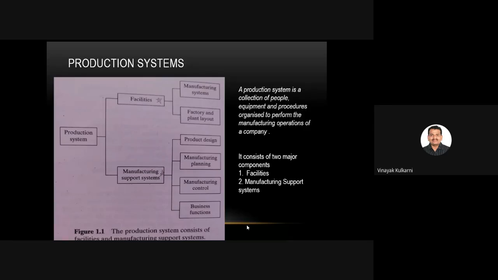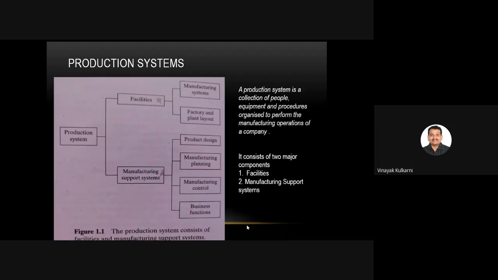Then the product design and certain business functions are included in manufacturing support systems. If the customer requires something, he will give us the design, and the product design will work for that. Or the company is producing some product and there is a customer who is ready to buy it. It comes under business functions.